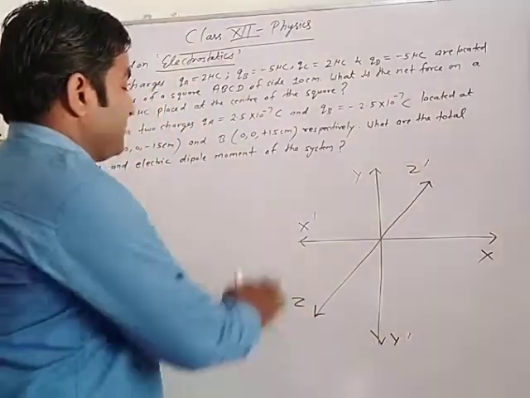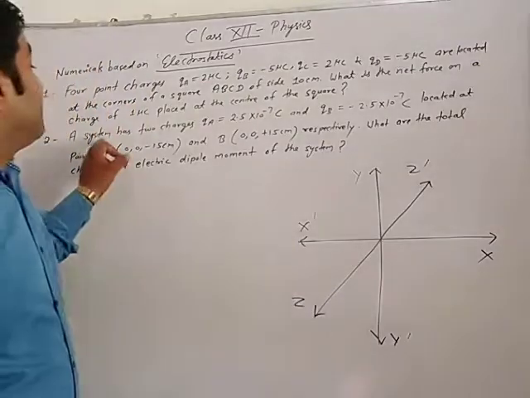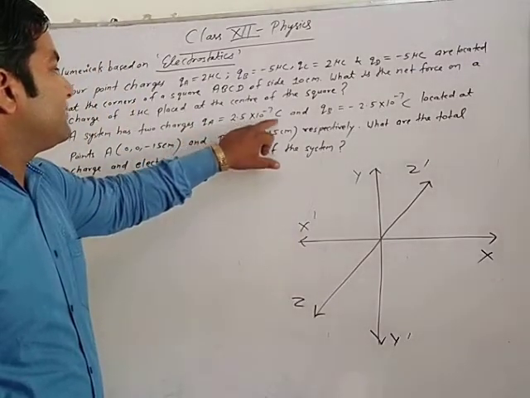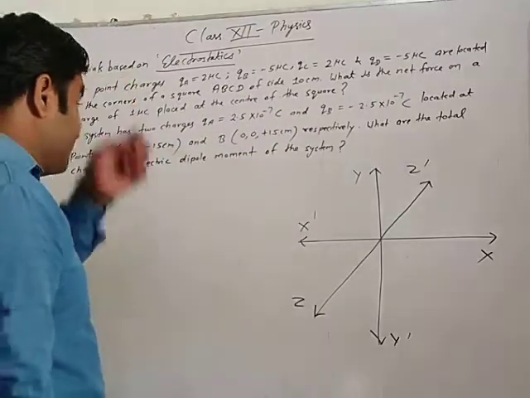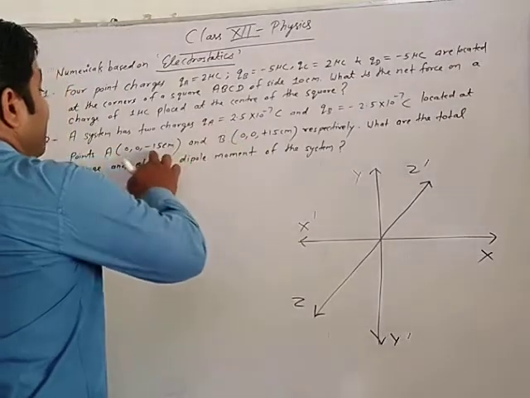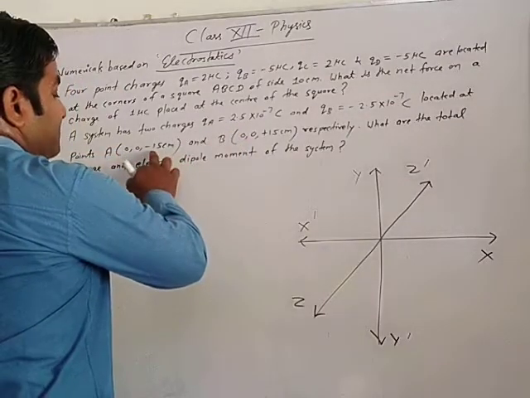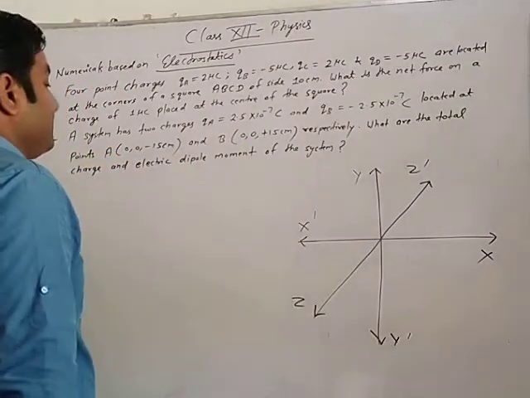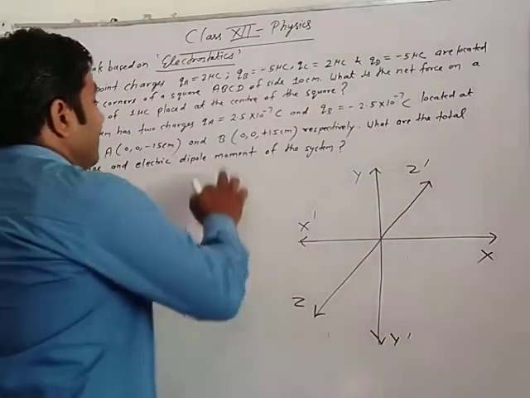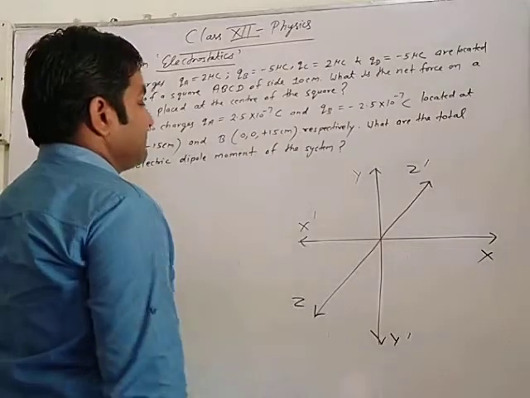Now see what is given. 2 charges: QA is 2.5 into 10 power minus 7 coulomb, and QA means it lies at point A, where the coordinate is minus 15. At point B, plus 15 is given.